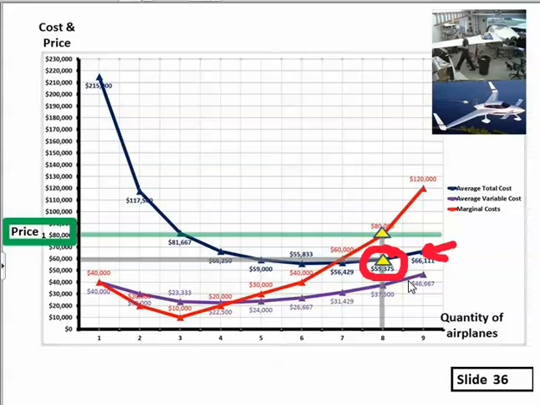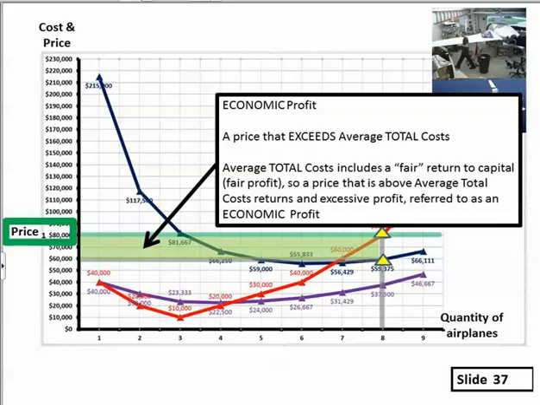59,000 something. So we end up with a section here between what our average cost is for that number of units and the price we're getting for that number of units. And we can define that as economic profit.